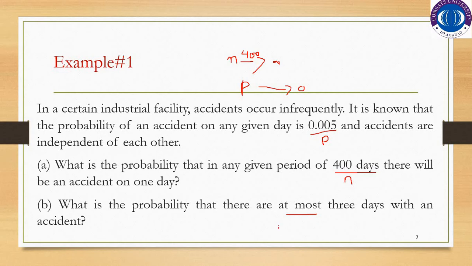So you have to find the probability of x, as x is the number of days with an accident, is less than or equal to 3, because the words at most are used here. So we can't go beyond 3.